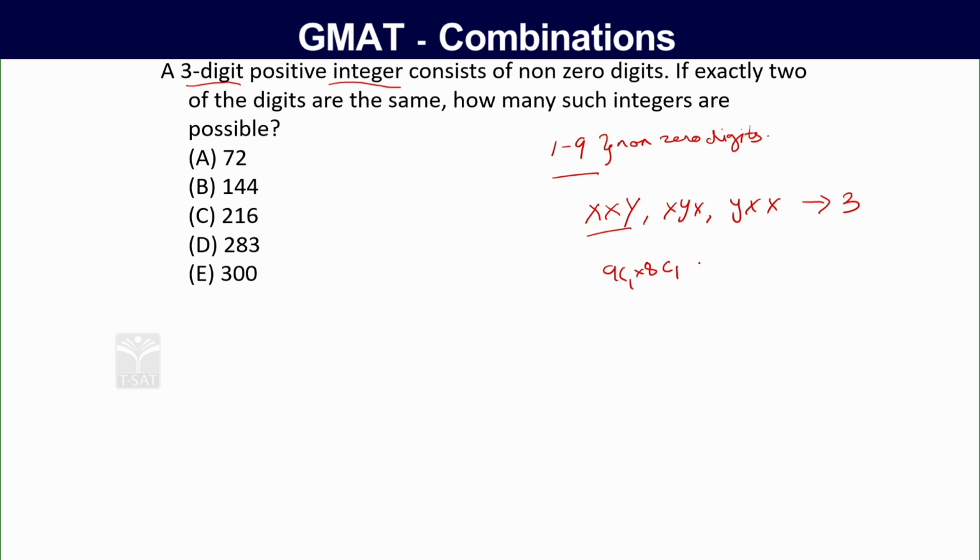So, this is how you can select x and y, 9C1 into 8C1. 9C1 is nothing but 9 and 8C1 is 8, and there are 3 different combinations of x and y that you can arrange it in. So, this is to choose x and y.